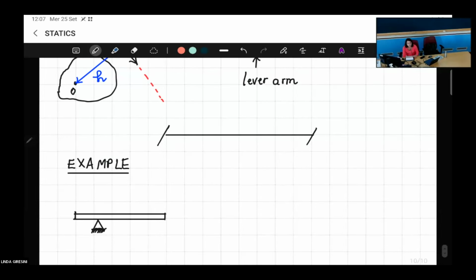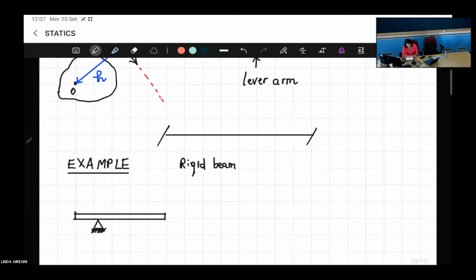So this system is in principle not in equilibrium like this because the beam is rigid. If you put a rigid beam on a hinge, what happens? Due to its self-weight, it falls down, probably from the side with longer length.